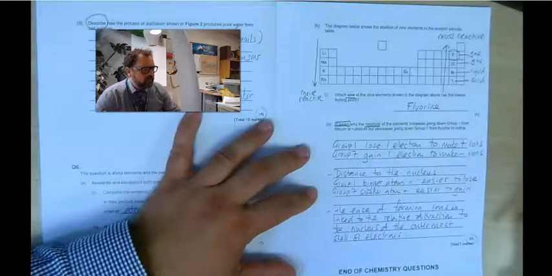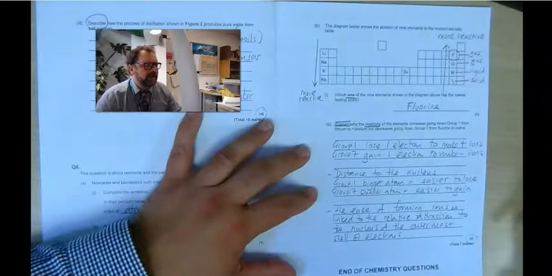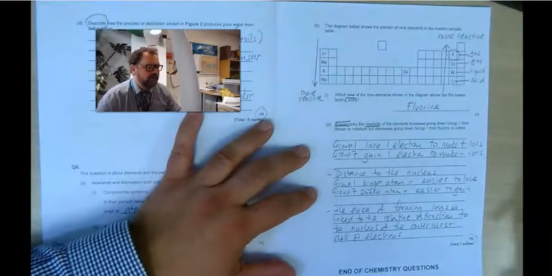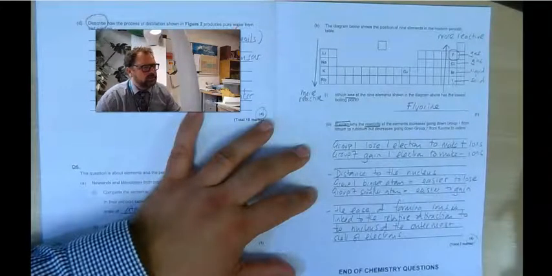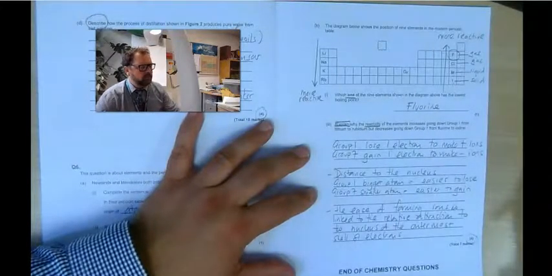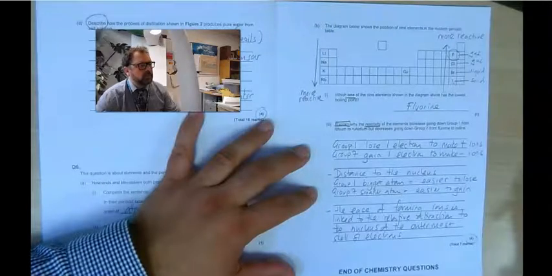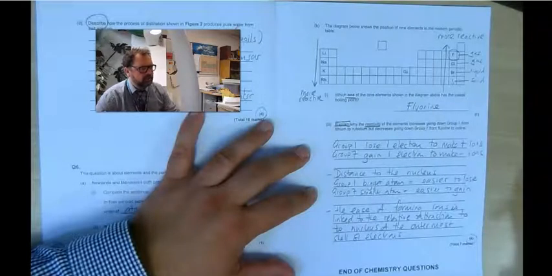Finally, make sure when you finish off this that you're only talking about the outermost energy level or the outermost shell of electrons. That's the only part of these atoms which are involved in making bonds, and so metals are trying to get rid of the electron or electrons in their outer shell, and non-metals are always trying to gain electrons to fill up their outermost shell.